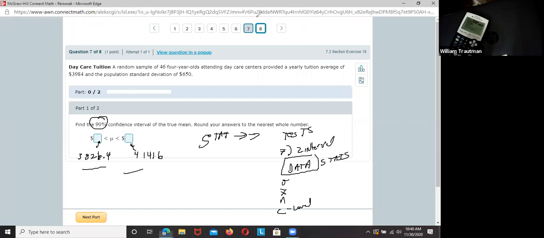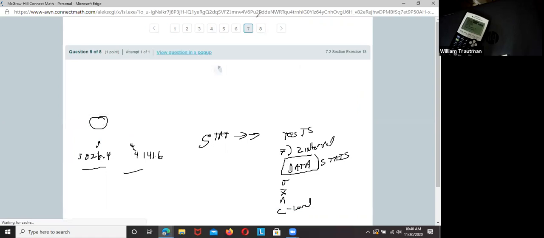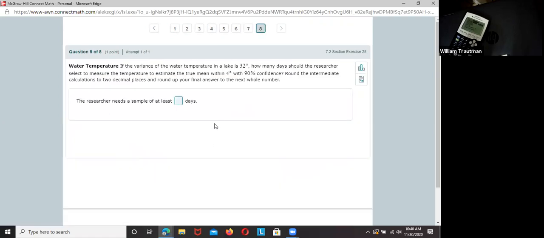And the last question. It says the researcher needs a sample. So anytime we need a sample, remember n was that formula, the Z alpha over 2 times the standard deviation over the error, and then we squared it, if I'm not mistaken.